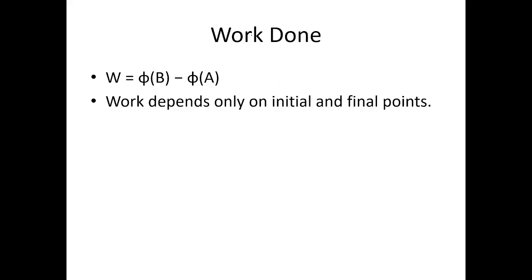Work done is independent of the path. So let's do it. If we have a field F, then the work done by that field F is this, from point 1 to point 2. This is the work done.